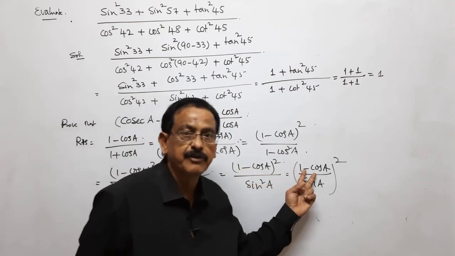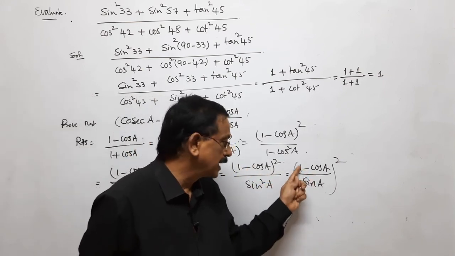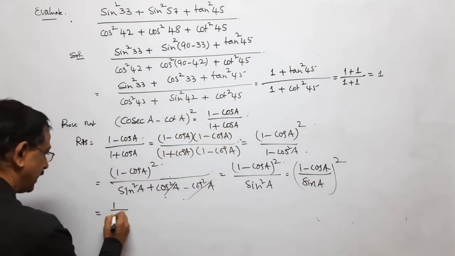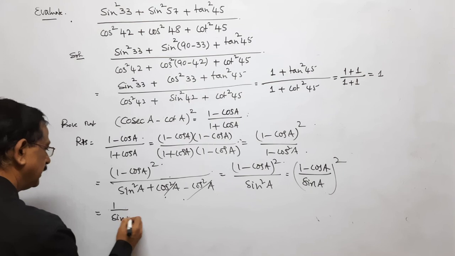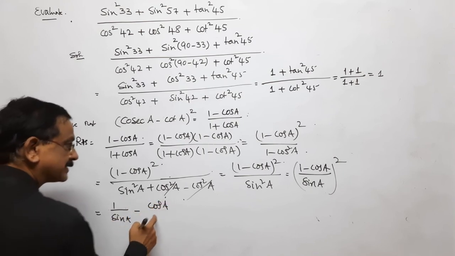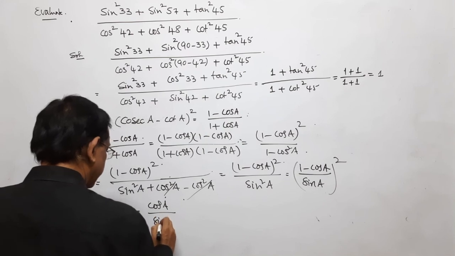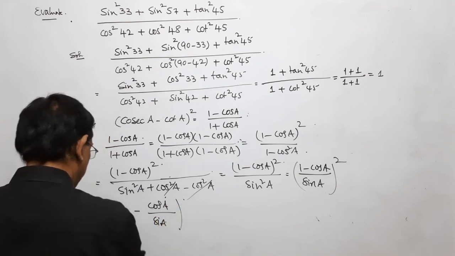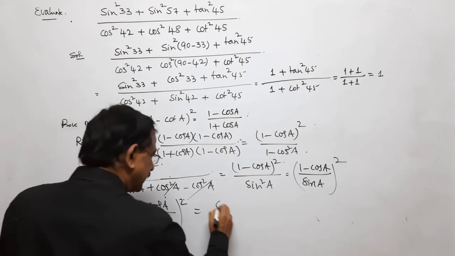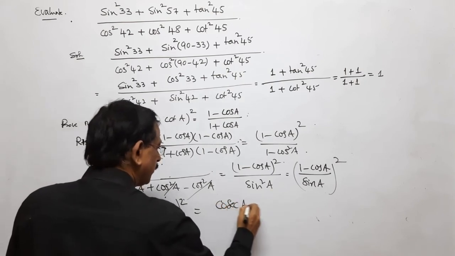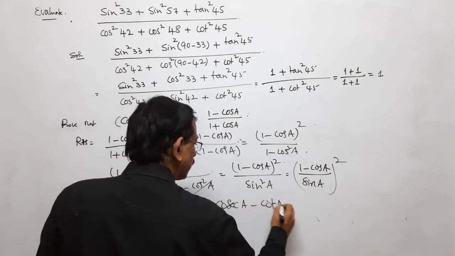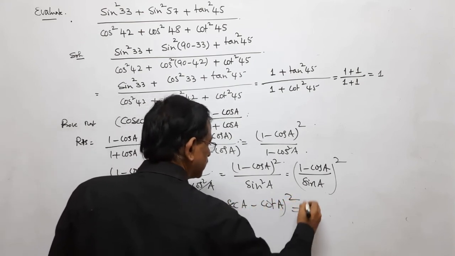Again, this is the form A minus B by C, so A by C minus B by C. So I can write down this as 1 by sin A minus cos A by sin A whole square, which is equal to 1 by sin A is cosecant A minus cos A by sin A is cot A, which is LHS.